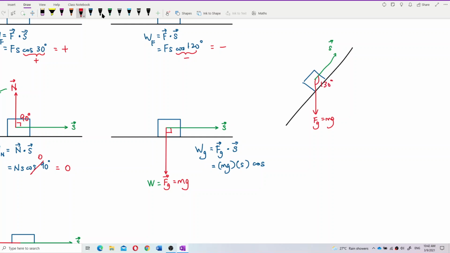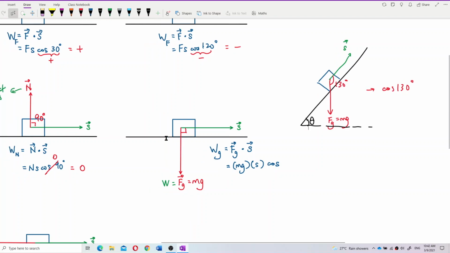So this one will then use cosine 130. Understand or not? This is to find the work done. The mg is not 90 degree to displacement, so to find the work done, you use cosine 130 for this one, for inclined plane. Let me draw the inclined plane. I don't know what the angle is here, but this one is 130.